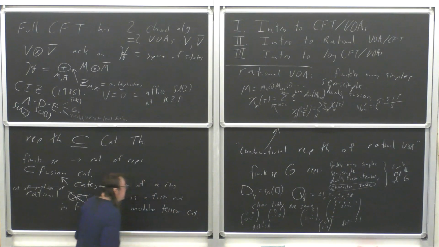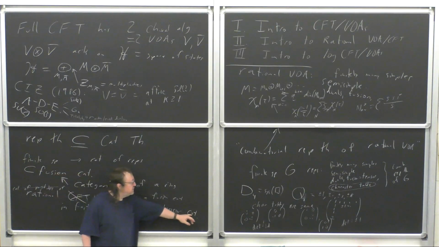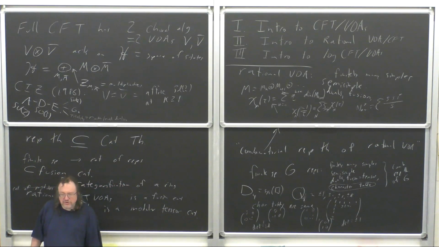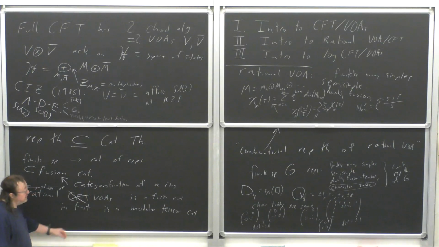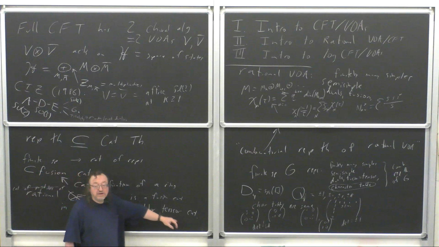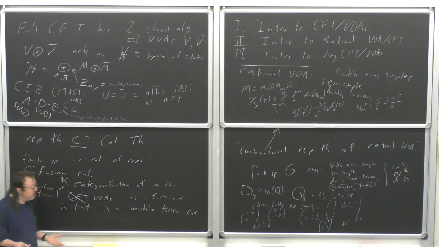I'm not going to say much about these beasts, but these are conjectured to be equivalent to the representation theory of a rational VOA. In other words, any modular tensor category, anything that looks like the representation of a rational VOA, is the representation of a VOA.